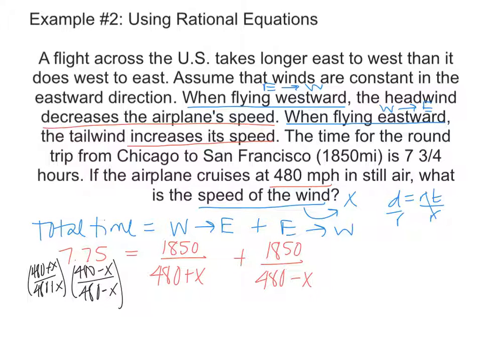Sorry, that's messy, but I couldn't really fit it in here. This one needs to be multiplied by 480 minus x. And this last one needs to be multiplied by 480 plus x.